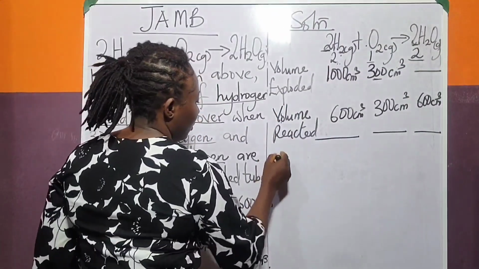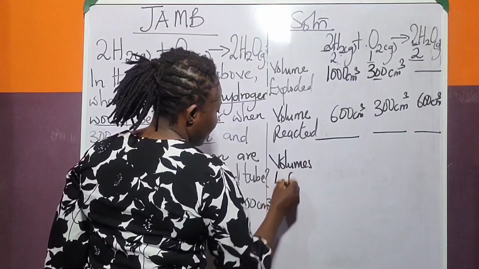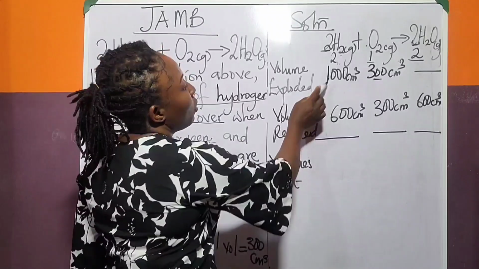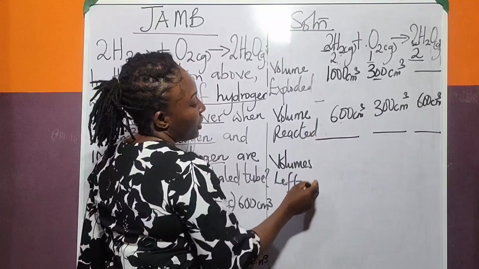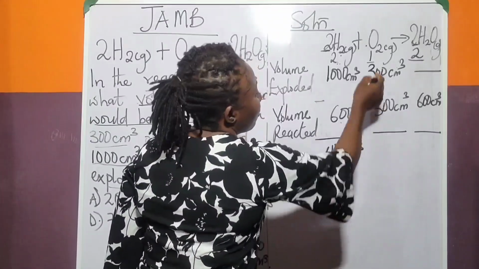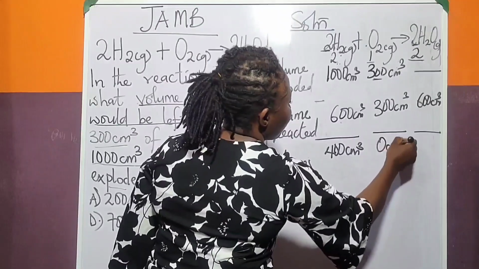Hence, volumes left. For hydrogen, I will say 1000 minus 600, that will give me 400 cm cube. For oxygen, 300 minus 300, that's 0 cm cube.